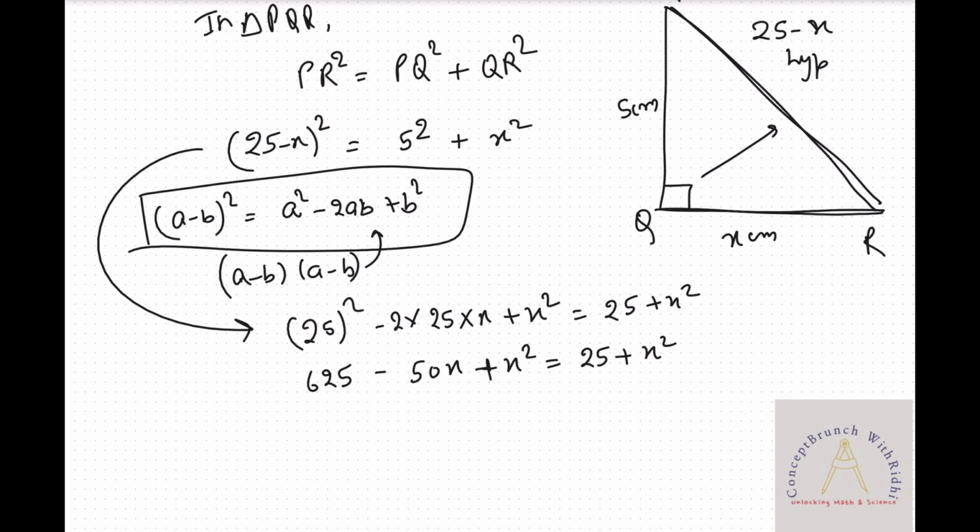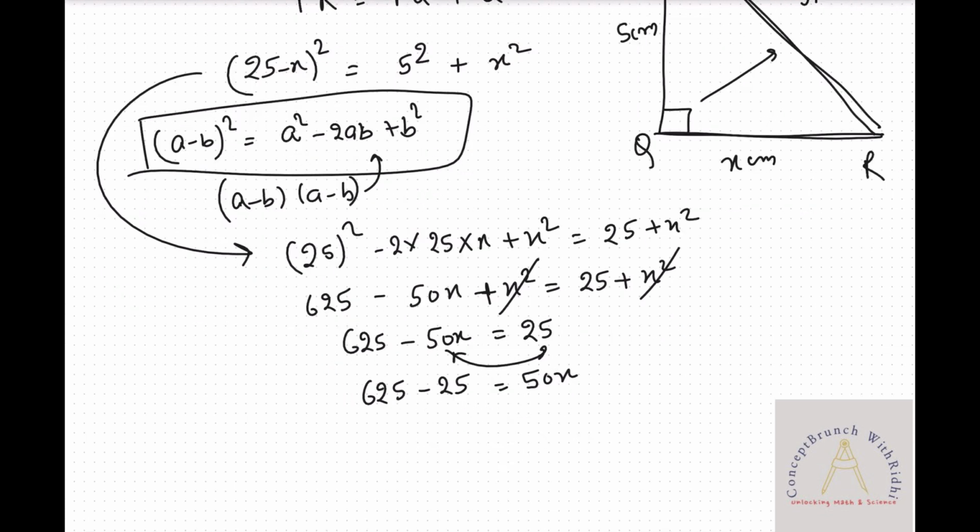On both sides we can cancel out the x square. So remaining is 625 minus 50x equals 25. Let's transfer these terms, so 625 minus 25 equals 50x. So from here it is going to be 600 is equal to 50x. So we can divide by 50 on both sides. So x is going to be 12, right?